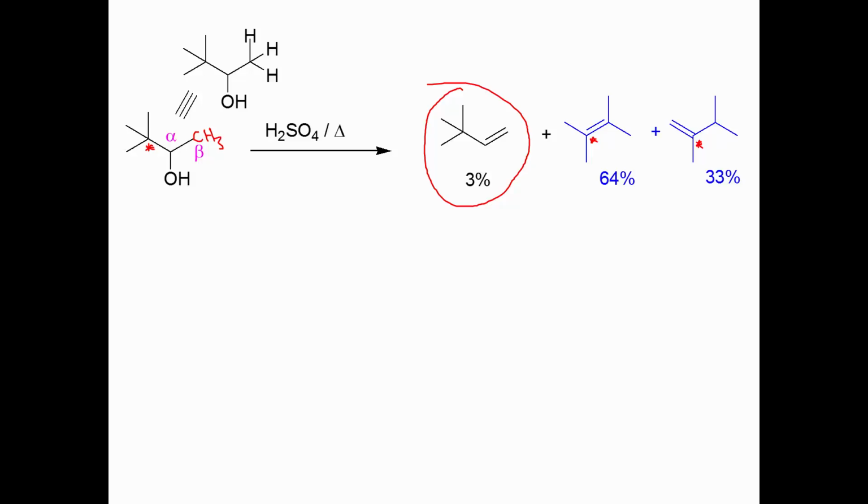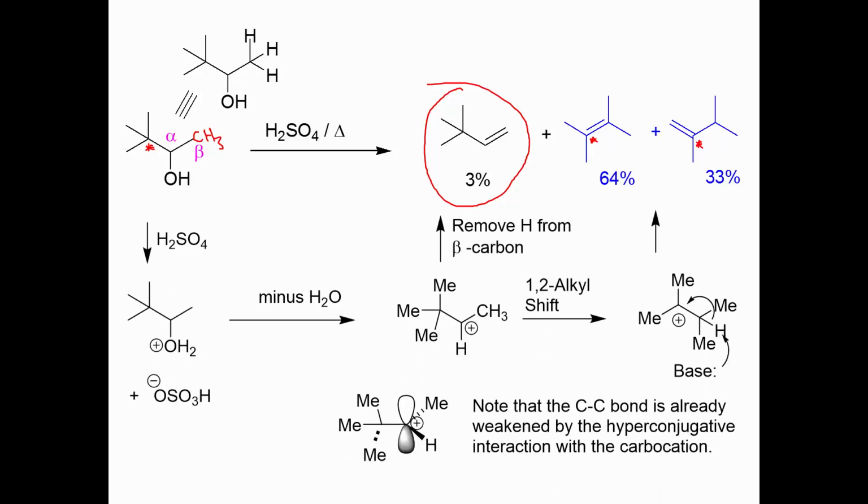All right, so the carbon skeleton has changed in this process, and this is due to a similar phenomenon, except we don't have any hydrogens we can shift in this compound. We can only shift alkyl groups. All right? So what happens here is this reaction, again, starts off as before. In the early stages, we protonate the alcohol and lose water to get a carbocation.